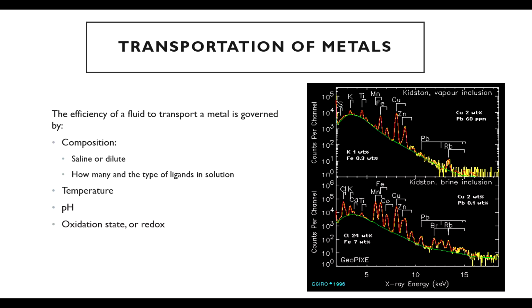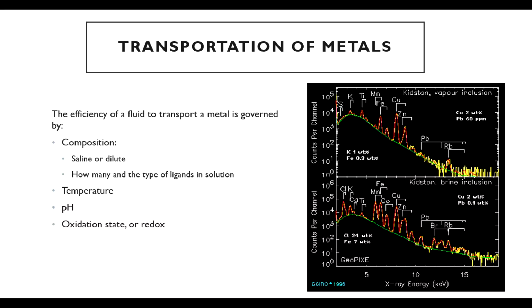So, the transportation of the metals, the efficiency of the fluid to transport different metals is controlled by its salinity, the type of ligands in solution, its temperature, pH, oxidation state, or redox. So they're the main variables. We've briefly touched on why temperature can be important. Some elements are soluble only at high temperature, and once the liquid cools, they might fall out of the solution.